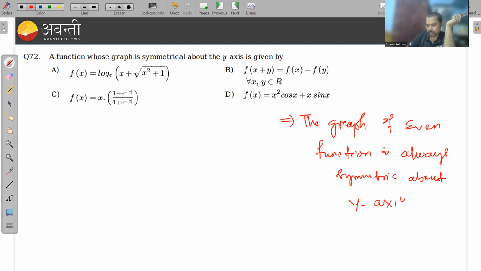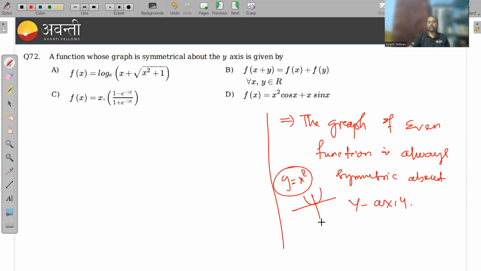Very easy question. So a simple example, y is equal to x square you can take. This is an even function. Its graph looks like this, and this graph is symmetric about the y-axis, right? So we need to search for an even function in the given options.